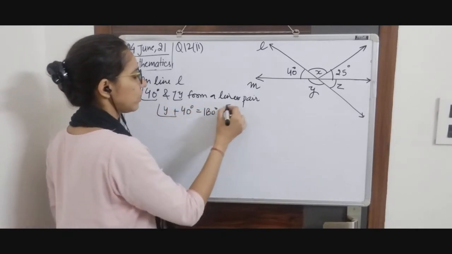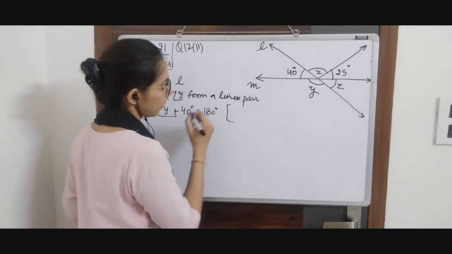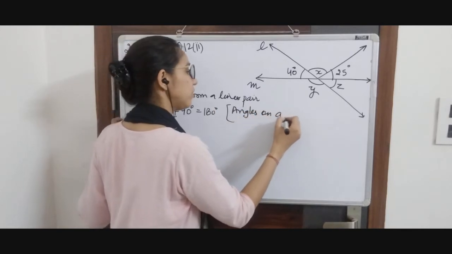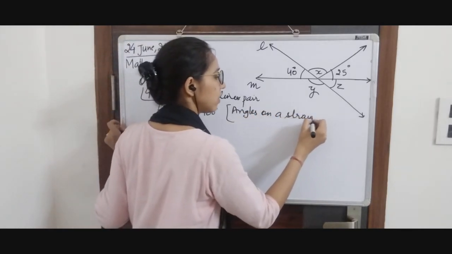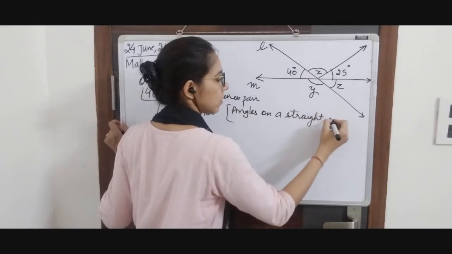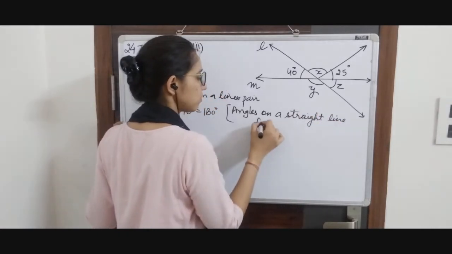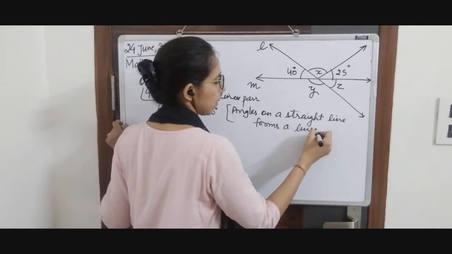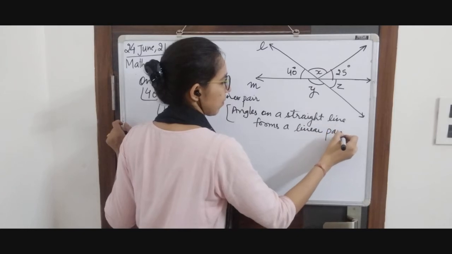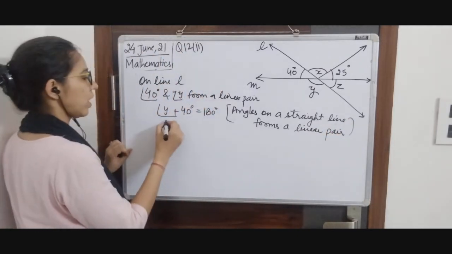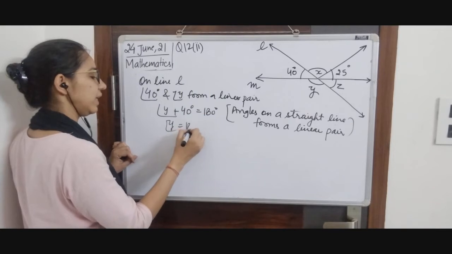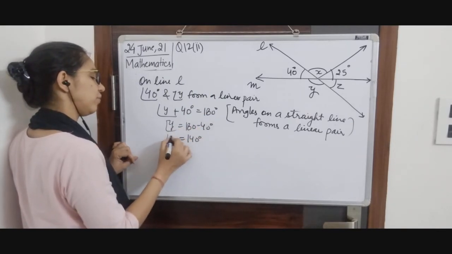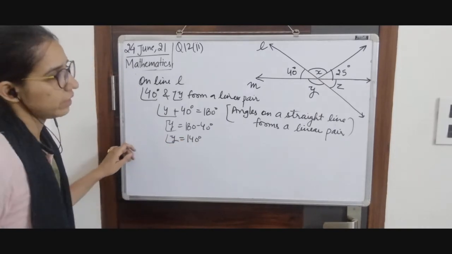Reason we are going to write angles on a straight line forms a linear pair. Okay, so your angle Y is going to be 180 minus 40, which is going to be 140 degree. Your angle Y is 140 degree.